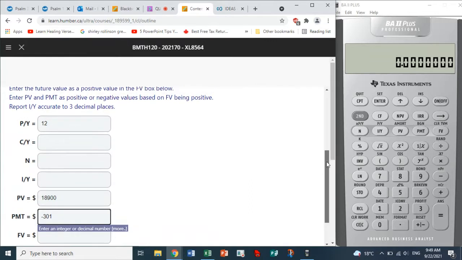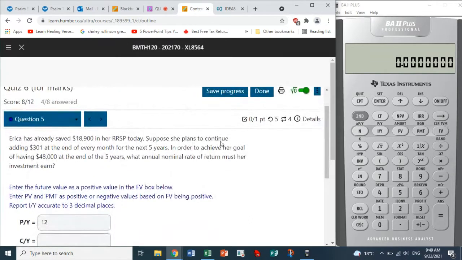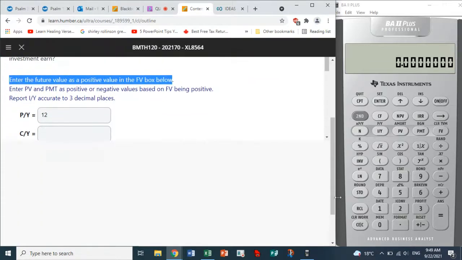Now the future value, what's the future value? Future value is she wants to save $48,000. So that has to be positive. The future value must be positive.